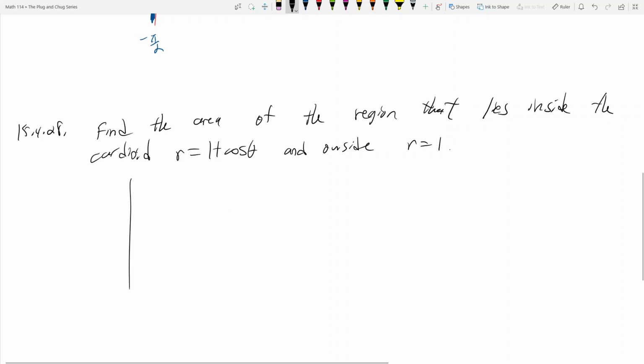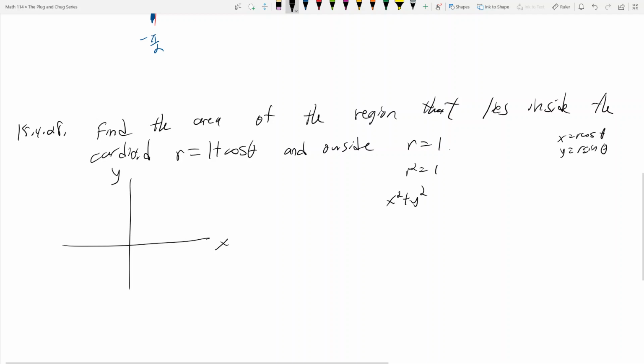So here's my xy axis. So what is r equals 1? Well, if we square both sides, we get r squared is equal to 1, right? And remember what r squared is: r squared was x squared plus y squared, because in polar coordinates, x equals r cosine theta, y equals r sine theta.